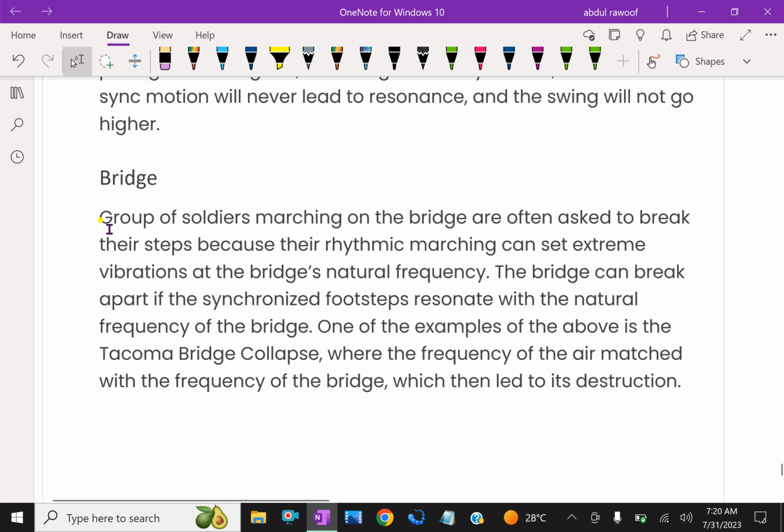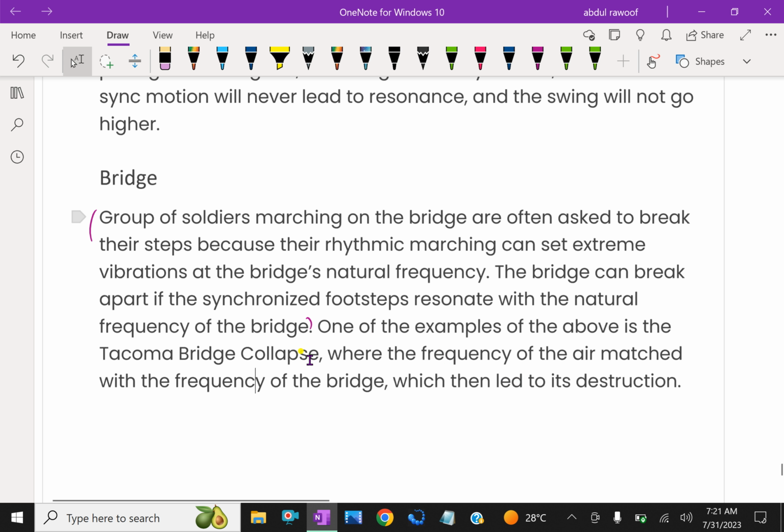Next example, bridge. A group of soldiers marching on a bridge are often asked to break their steps because their rhythmic matching can set extreme vibration at the bridge's natural frequency. The bridge can break apart if the synchronized footsteps resonate with the natural frequency.